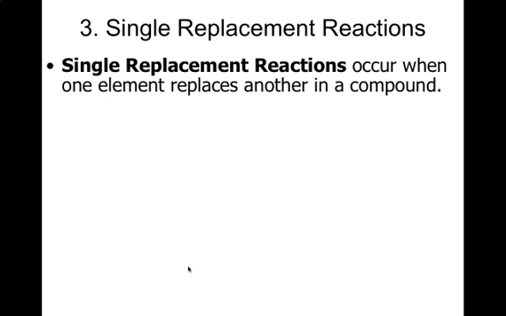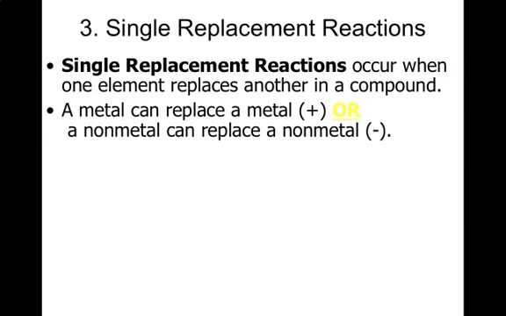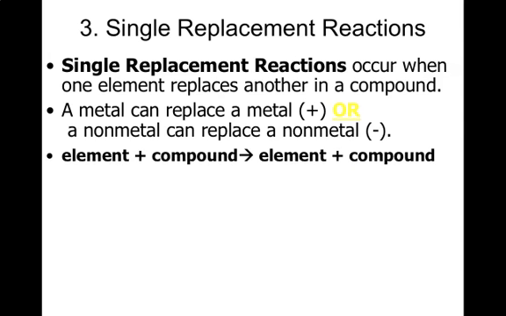Okay, single replacement reactions. Single replacement reactions occur when one element replaces another in a compound. A metal can replace a metal, or a non-metal can replace a non-metal. So in single replacement reactions we're always going to have an element plus a compound gives an element and a compound.